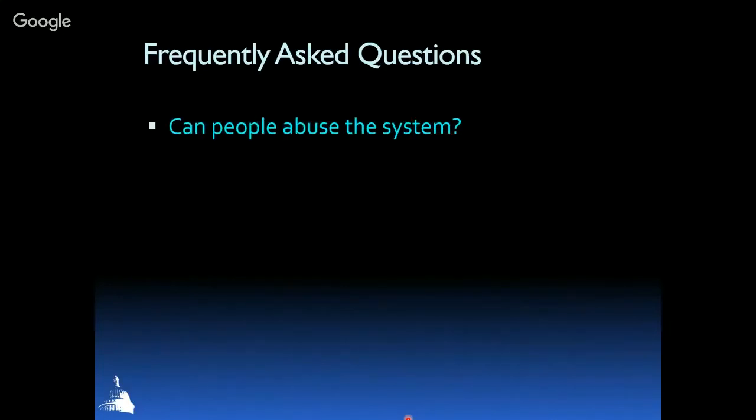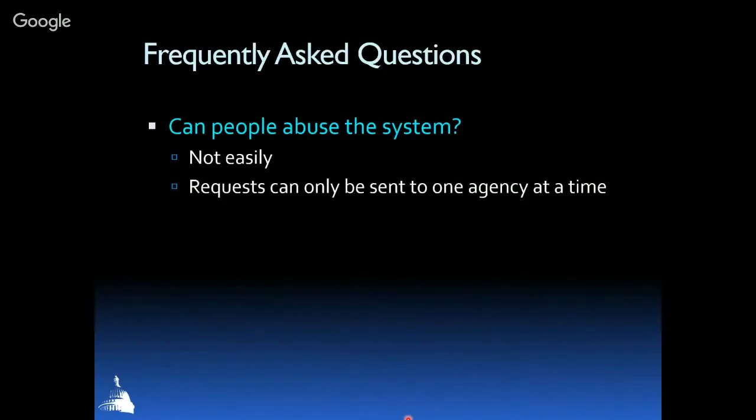Can people abuse the system? The answer, not easily. People have to submit a request to each agency one at a time. They can't just go sending a bulk request to all the cities or all the counties. In the first month that we were open, we did have one person who submitted a request to every department, every state department.